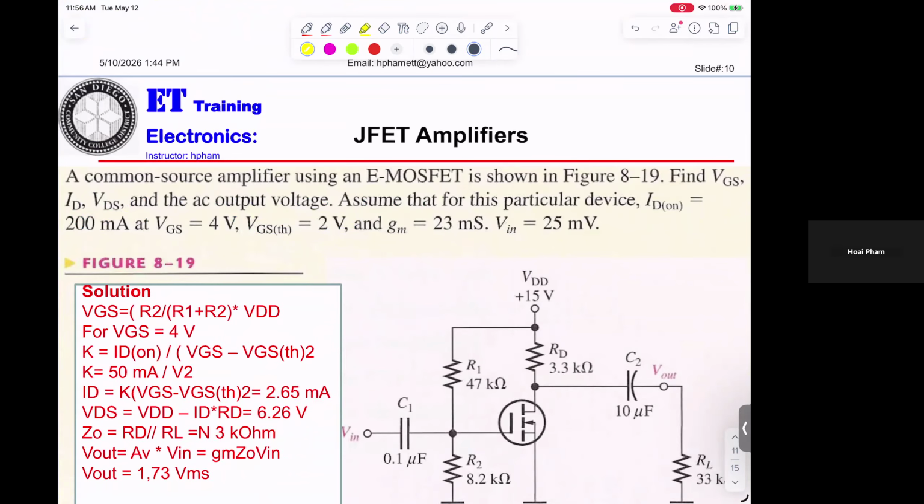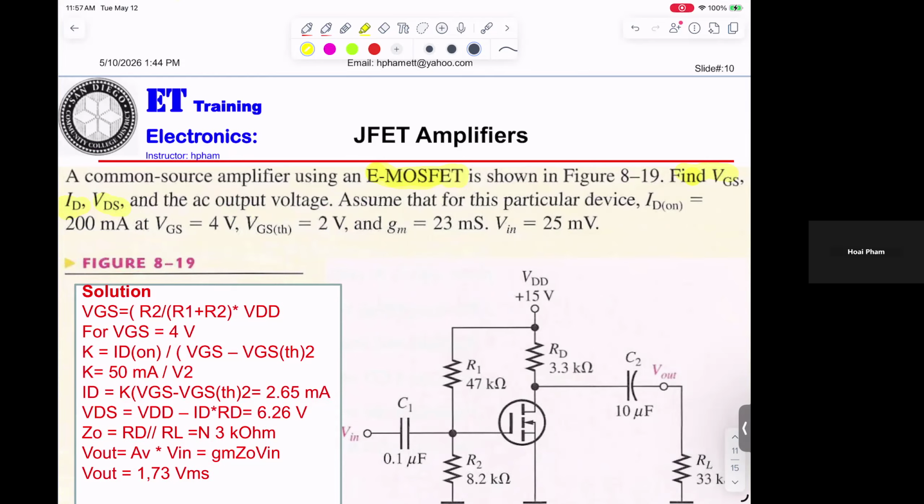Let's see. A common source amplifier using an E-MOSFET. Determine VGS, ID, VDS, and the AC output voltage.